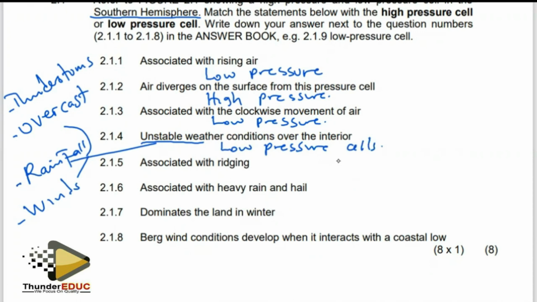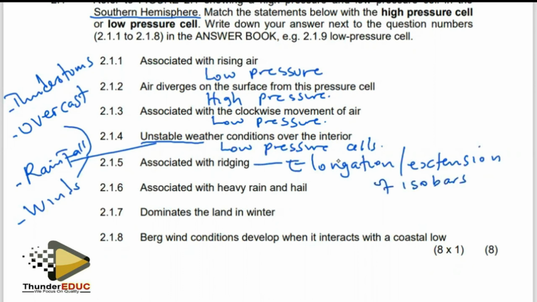2.1.5 associated with ridging. What is ridging? This refers to the elongation or extension of isobars away from a high pressure.